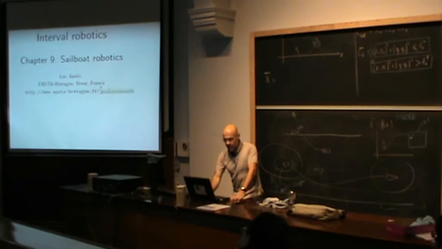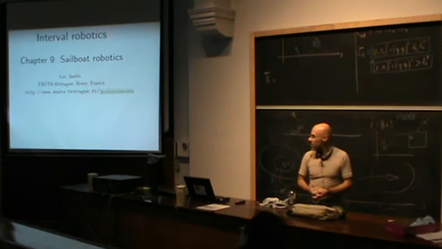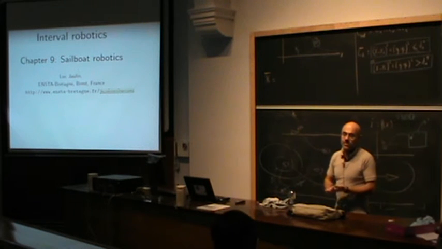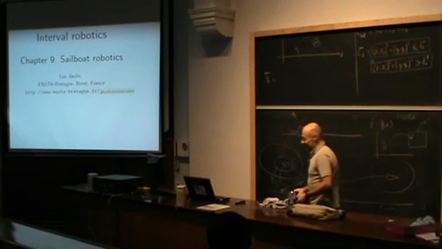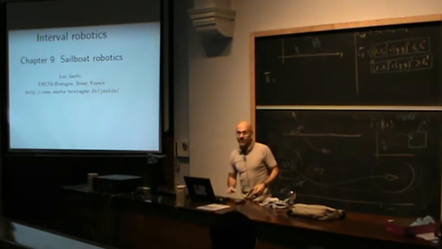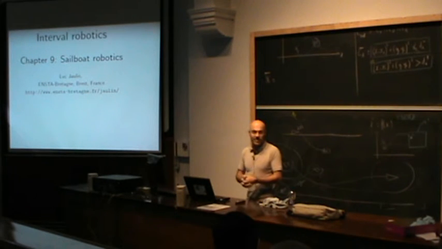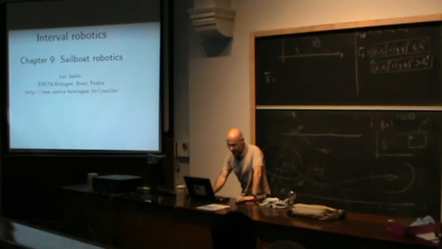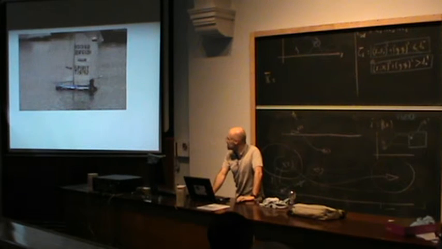I will illustrate what we can do with control using sailboats, because in Brest we build sailboats, and a sailboat is a very interesting nonlinear system. Easy to build, typically nonlinear. We started with sailboats a long time ago, maybe 5, 6 or 7 years ago.